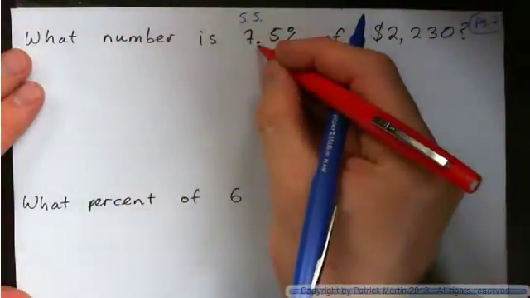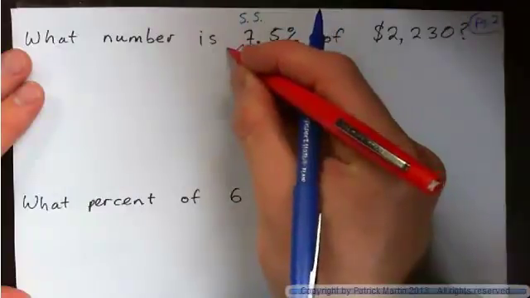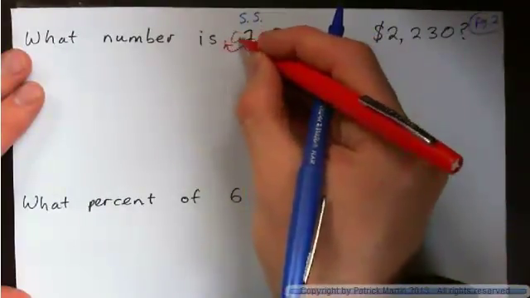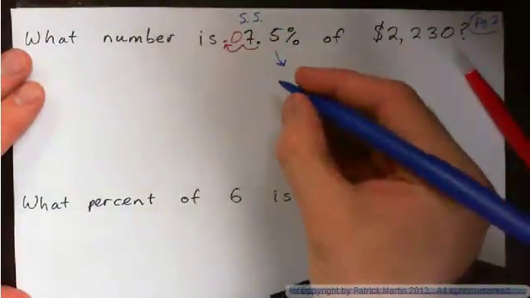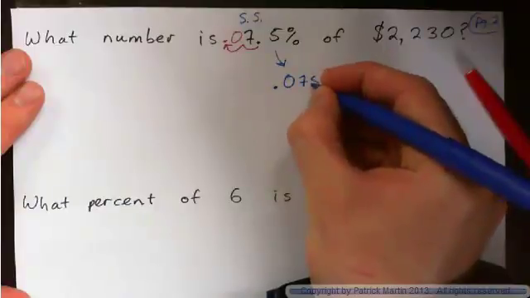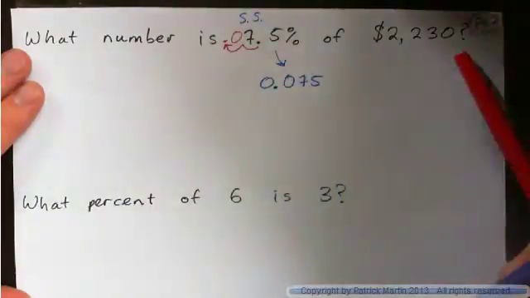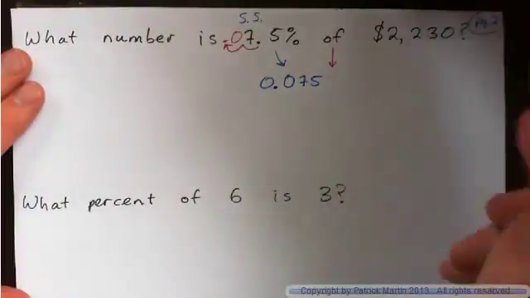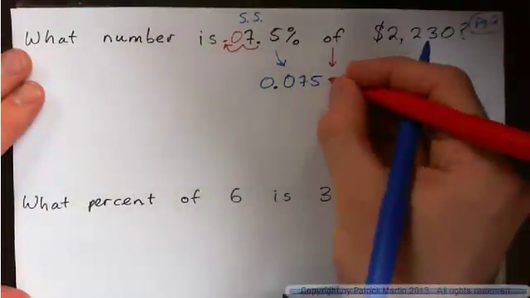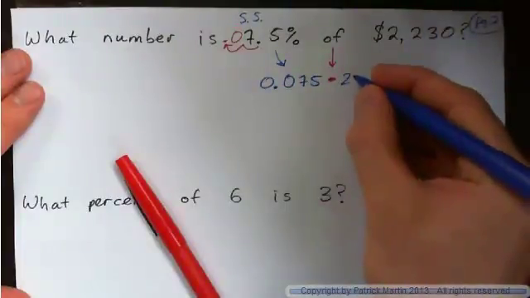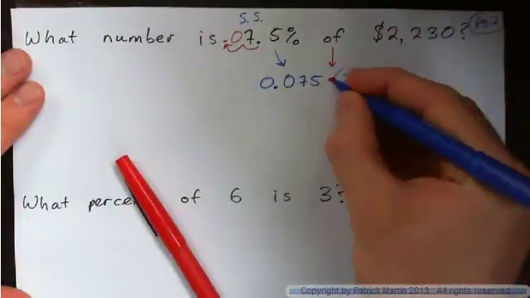Well, the decimal point can be moved 2 spaces to the left to get 0.075. Of is multiply, so multiplied by this number, 2230.